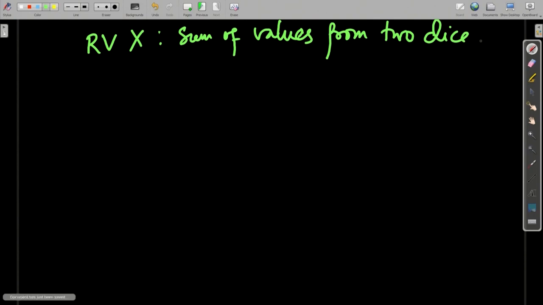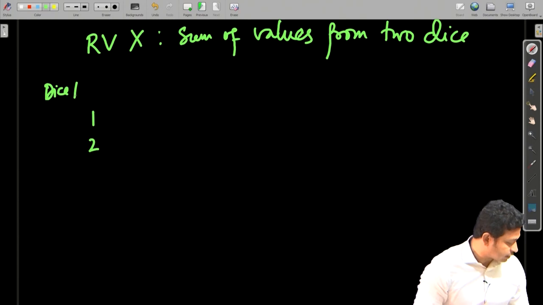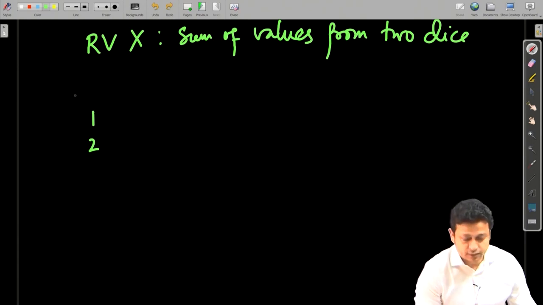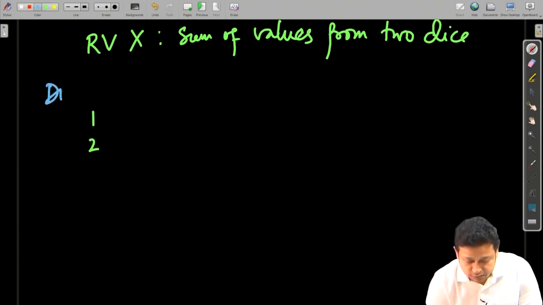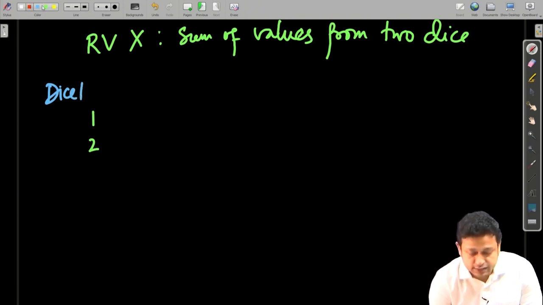So, when you throw 2 dice, you get a specific value on each of these dice, and then you sum it up, and that is what our random variable represents: the sum of the values after you throw 2 dice. Let us say the values you can get from dice 1, and I have another dice, dice 2.